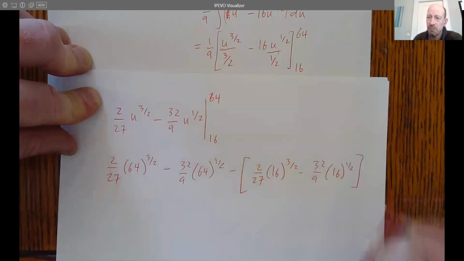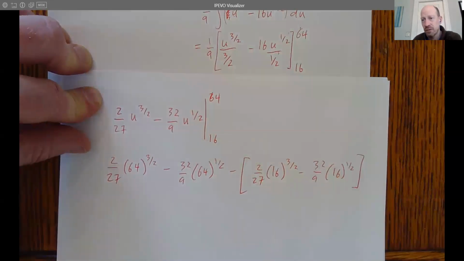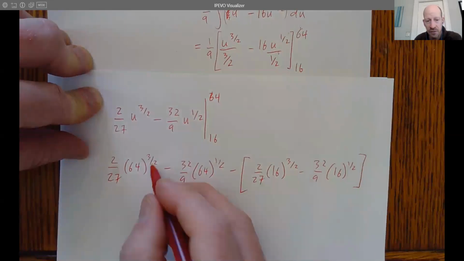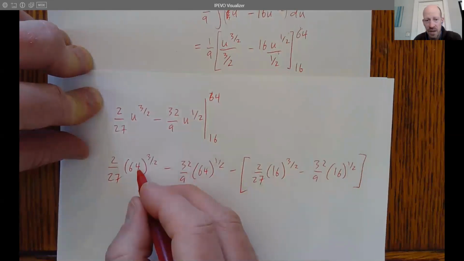And, you know, my preference is just to write everything out. I feel like that's safer. You could certainly do some of the simplification as you wrote it out, but I don't know. Always seems a little dangerous to me. So the square root of 64 is 8.